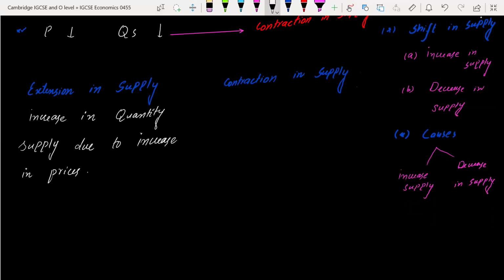On the other hand, fall in quantity supplied due to fall in prices.